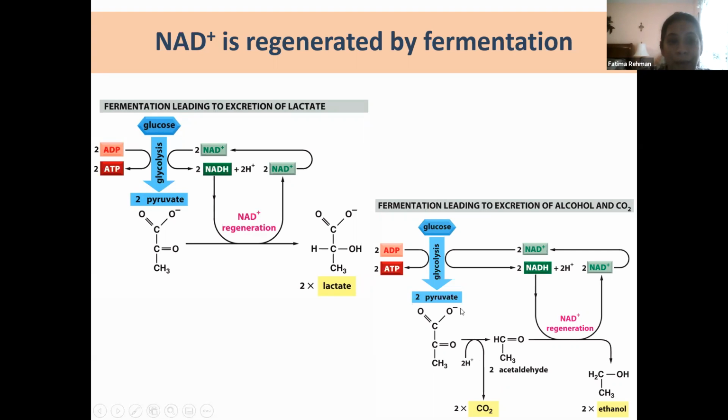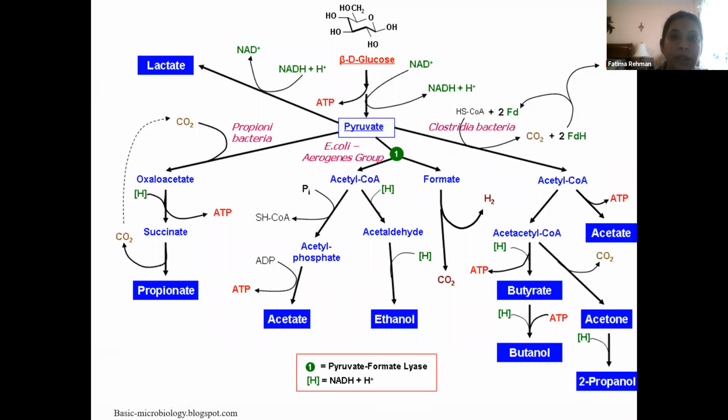Now, none of this is going to be as high energy output as the electron transport chain. It's only going to give you 2 ATP molecules and a few NADH to work with, compared to a massive release of energy from the electron transport chain.